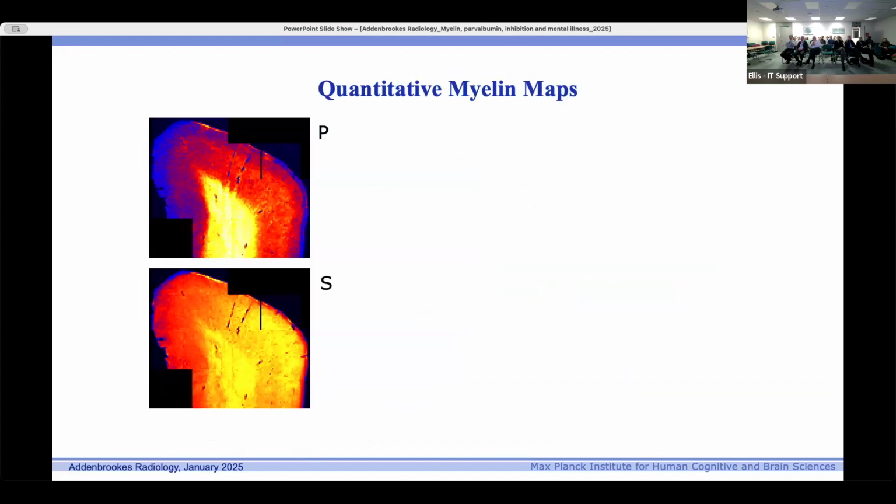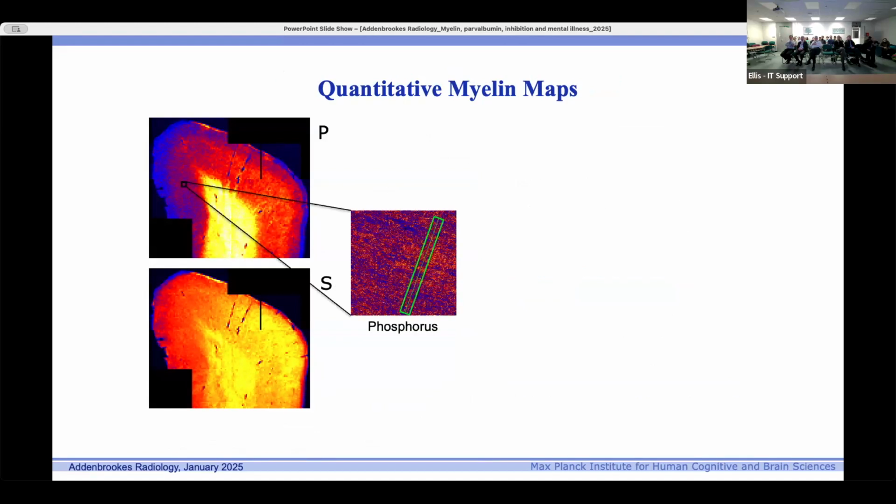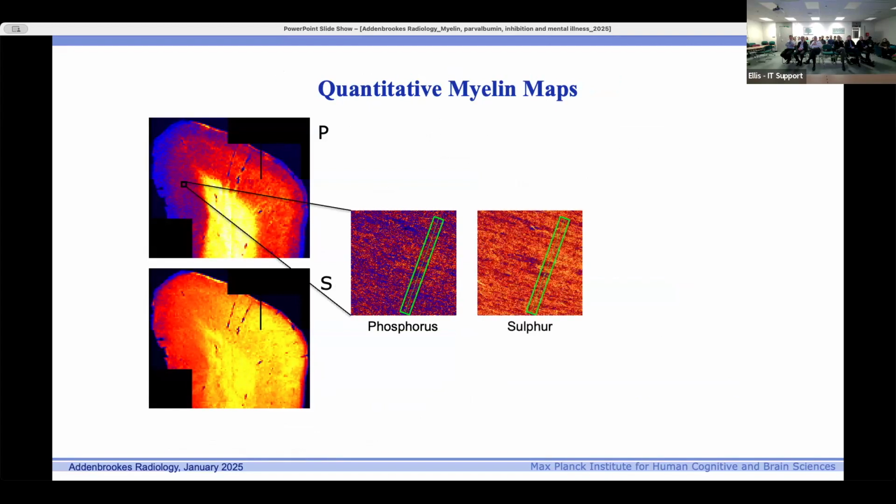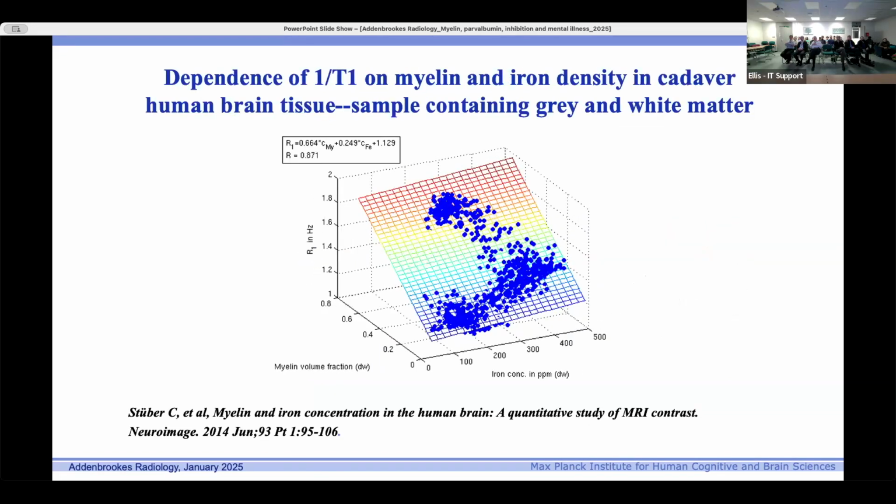So what Carsten Stüber was able to do was make quantitative myelin maps, because he was able to measure the phosphorus, P, and sulfur. And there's a standard quantity of phosphorus and sulfur in myelin, in the lipids that form myelin. And so by comparing the levels of phosphorus and sulfur, he was able to actually make maps of the myelin.